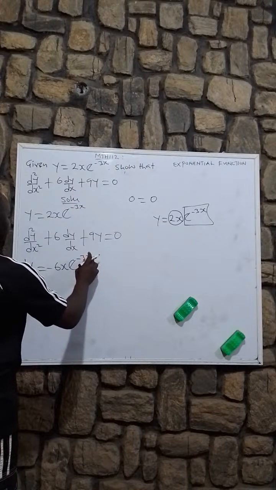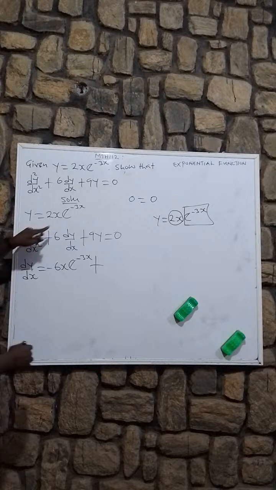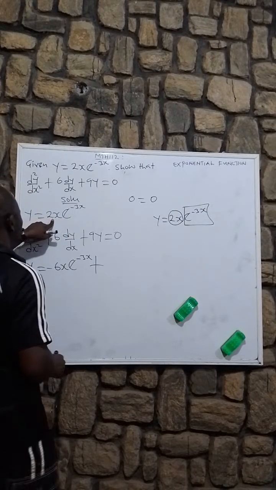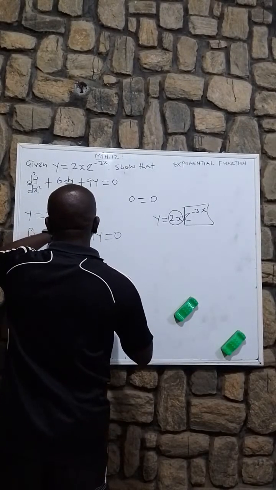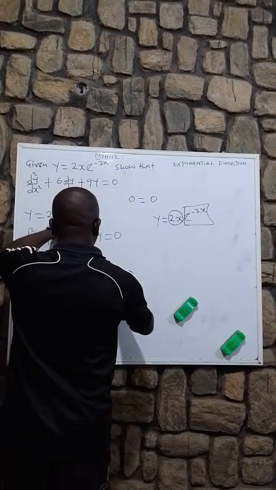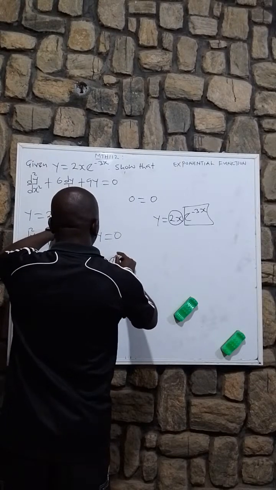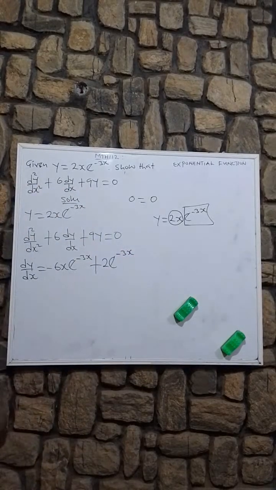Then, since product rule is plus, hold this, differentiate this. If you differentiate 2x, you are going to have 2. Use it to multiply exponential, 2 exponential minus 3x. This is the first derivative.